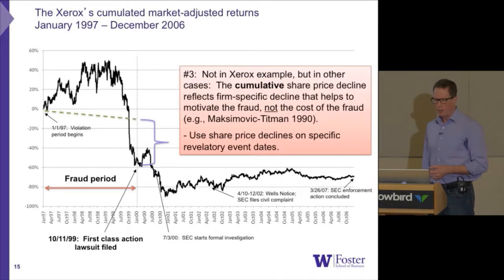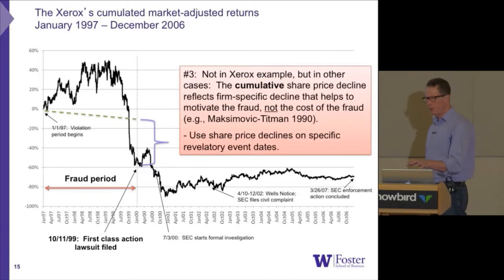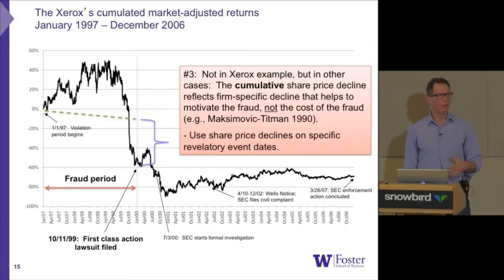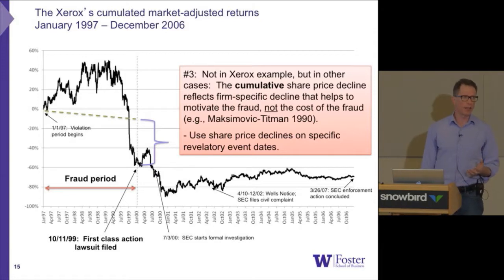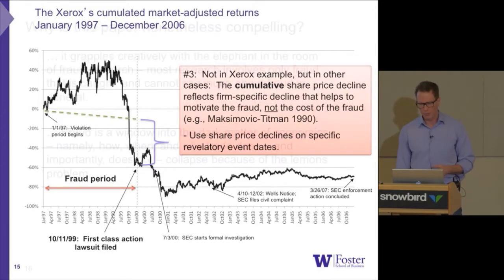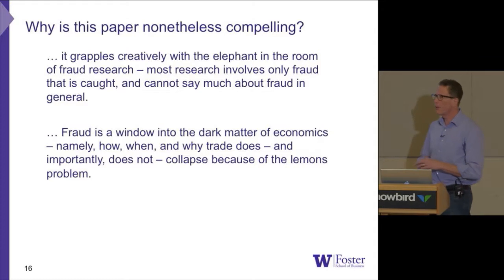So I think I'll skip this because of time, but the big takeaway here is that this measure of cost of fraud is really a measure of the cost of the fraud being revealed. And I think it's worth thinking through what the cost of the fraud is. The cost of the fraud to the firm and the cost of the fraud in a social sense are going to be two very different things. Why is this paper nonetheless compelling?